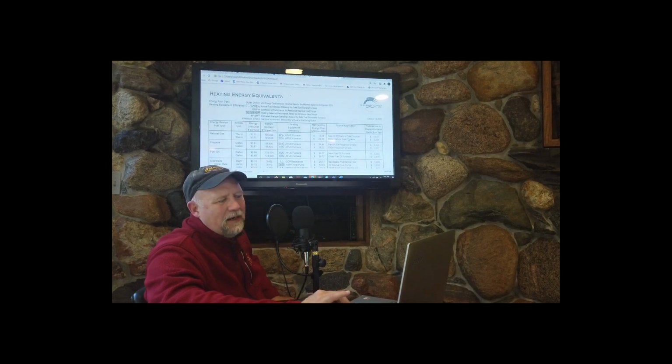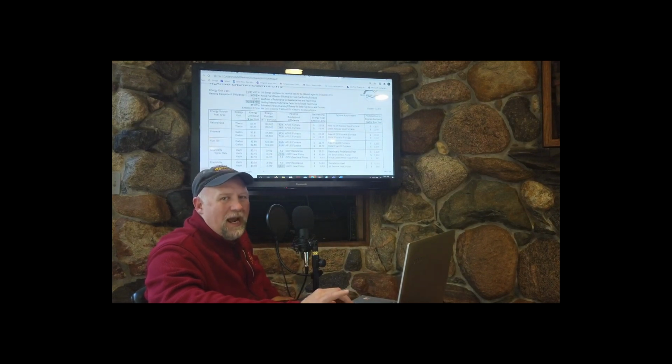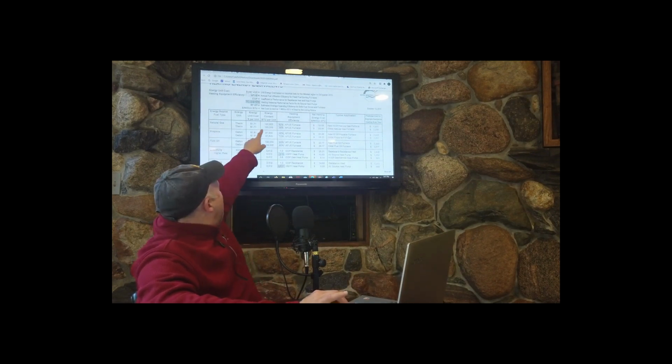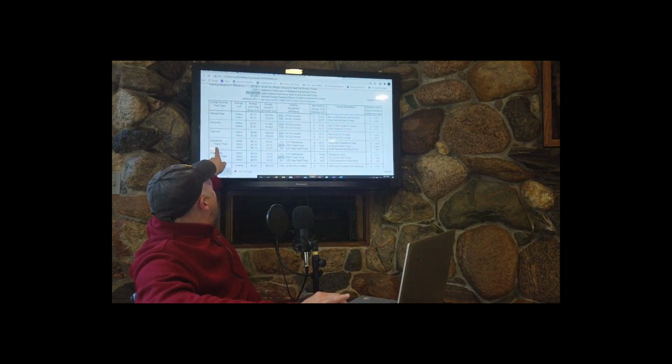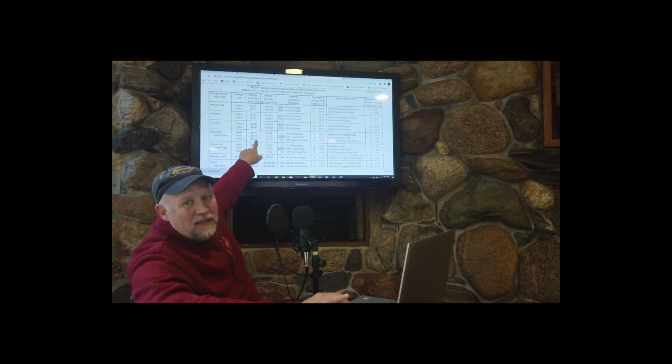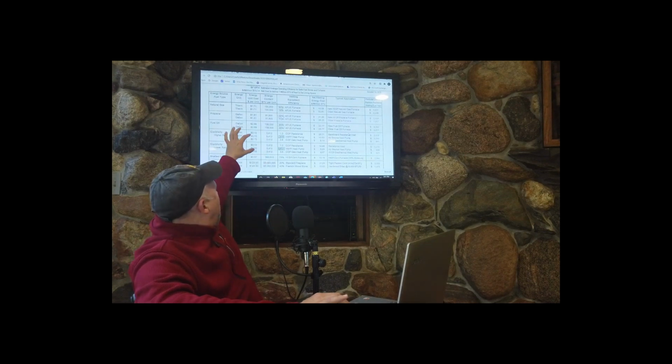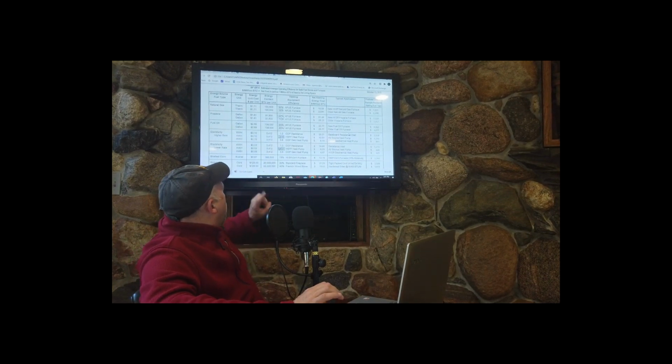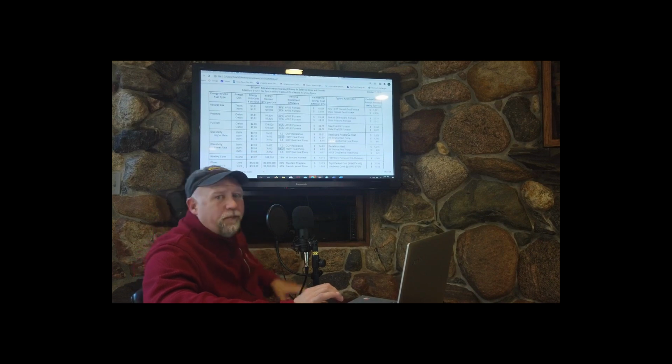It's absolutely fascinating. So what happened is natural gas has gotten cheaper, and look at this electricity rate. The low electricity rate is 5 cents a kilowatt hour. The high electricity rate on this analysis is 10 cents a kilowatt hour. For a residence, this is probably too low.